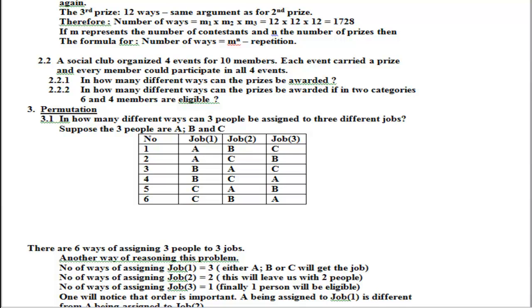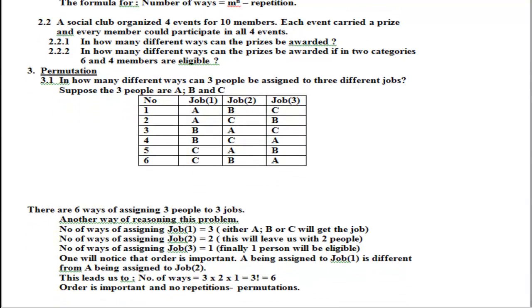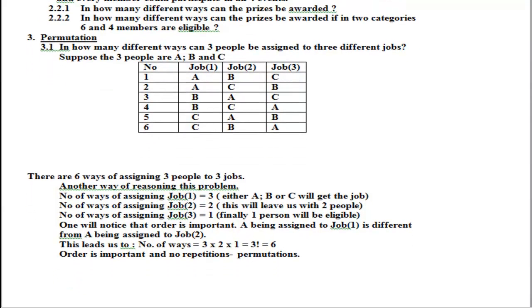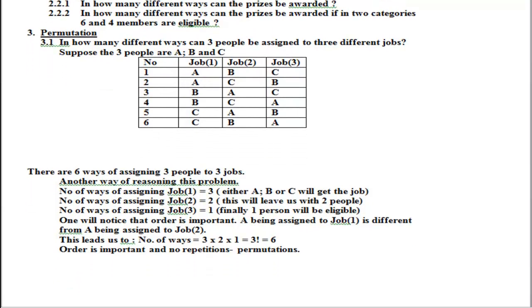So the total number of ways of assigning the 3 jobs to 3 people will be 3 times 2 times 1, and that will give you 6. You'll notice that order is important here, and there are no repetitions. And 3 times 2 times 1 is 3 factorial, which is equal to 6.